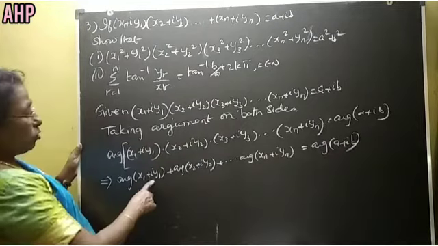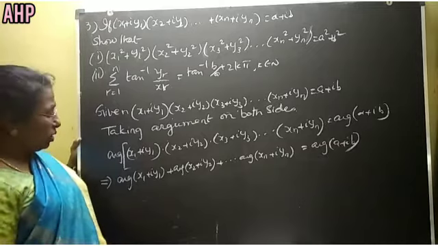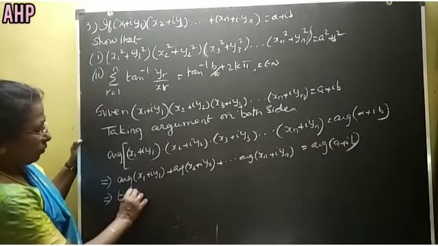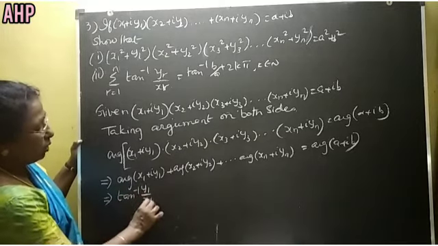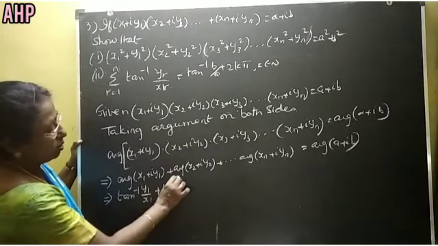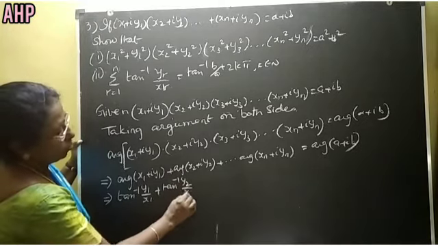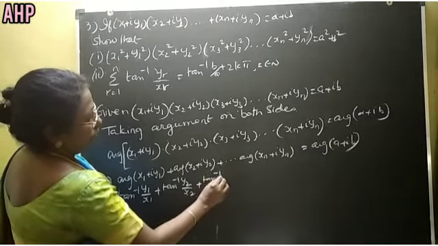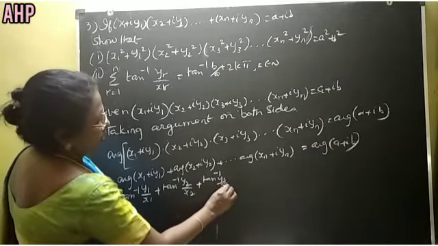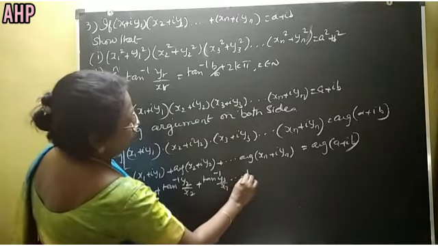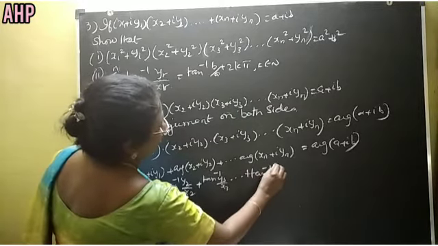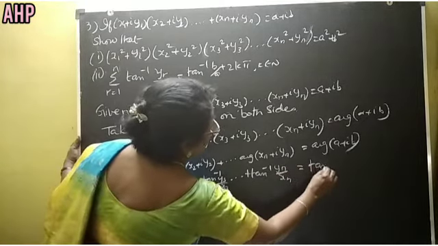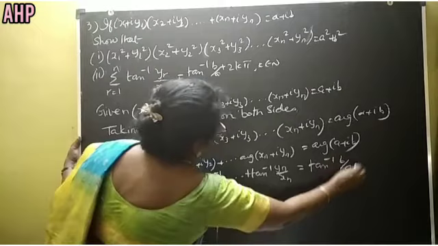Now argument of x1 + iy1 is nothing but tan inverse y1 by x1. So this gives you tan inverse y1 by x1 plus tan inverse y2 by x2 plus tan inverse y3 by x3, etc., plus tan inverse yn by xn is equal to tan inverse b by a.